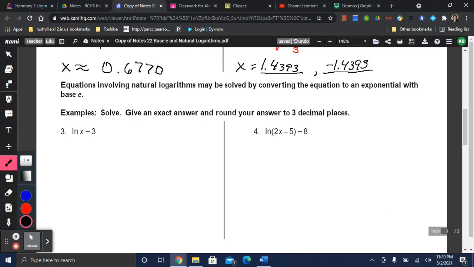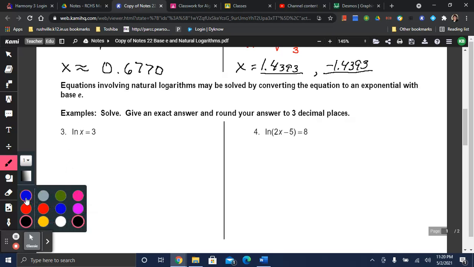Now, by the same token, you could have logarithm equations that need to be solved. And so if your equation starts with a logarithm and you have to solve for the variable inside that logarithm, you'll need to make a conversion to an exponential. So the base of the natural log is e, and that's what we're going to start with.